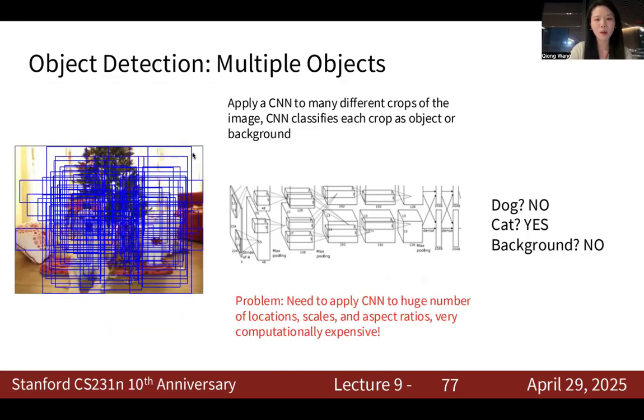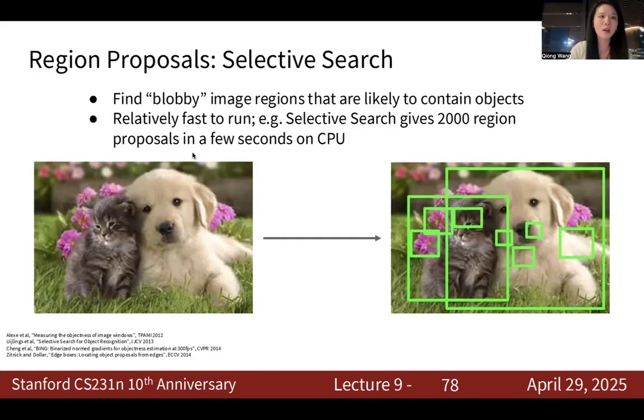So what's the problem with this approach? Yes, it needs to apply the CNN to a huge number of locations, scales, and aspect ratios, which is very computationally expensive. So how do we solve this problem? We use selective search.